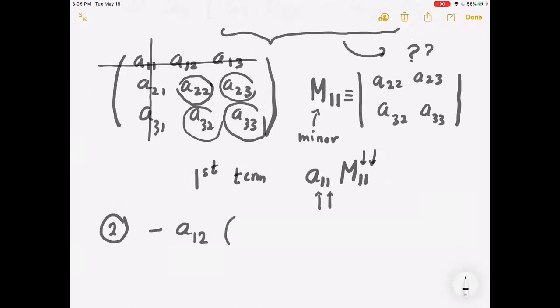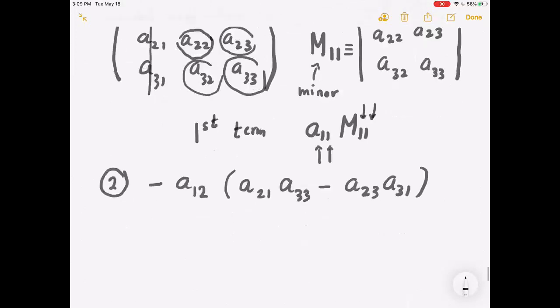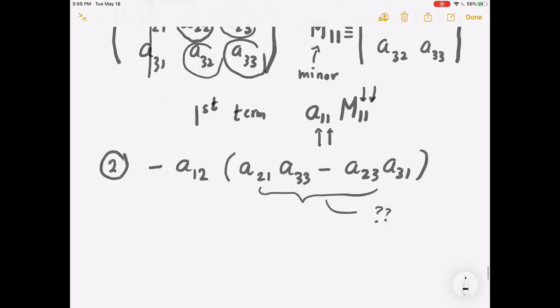So the second term is going to look like minus a sub 1,2 times a beast in parentheses: a sub 2,1 times a sub 3,3 minus a sub 2,3 times a sub 3,1. And the question we want to ask is, what is this guy? Is it also a determinant? Well, I don't know.